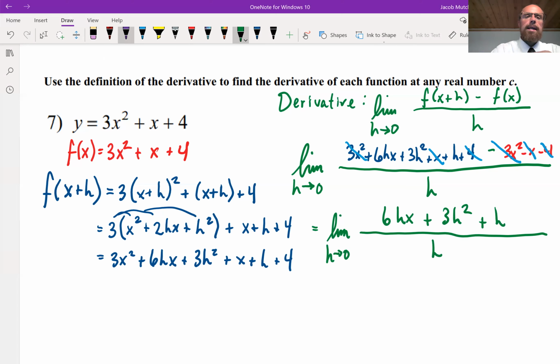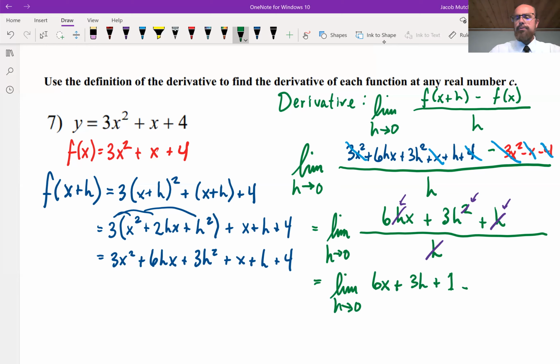Still, we've got some cancellations we can observe. So I see that I've got h again in the denominator, and I have in each of the terms in the numerator an h, so one of those will cancel out of each term along with the denominator. So that now we simply have the limit as h approaches 0 of 6x plus 3h plus 1.